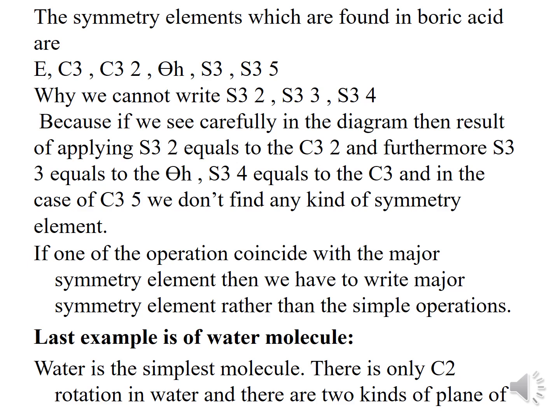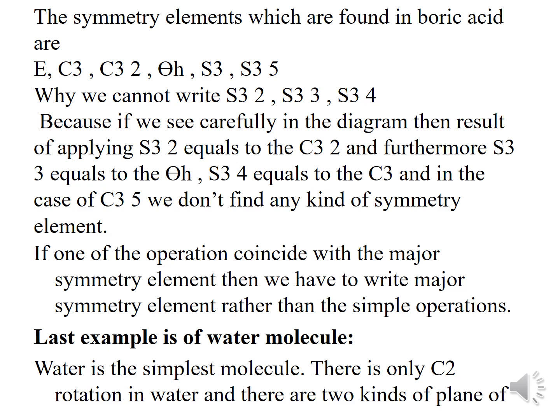And in the case of S3^5 we don't find any such symmetry element. If one of the operations coincides with a major symmetry element, then we have to write the major symmetry element rather than the simple operation.